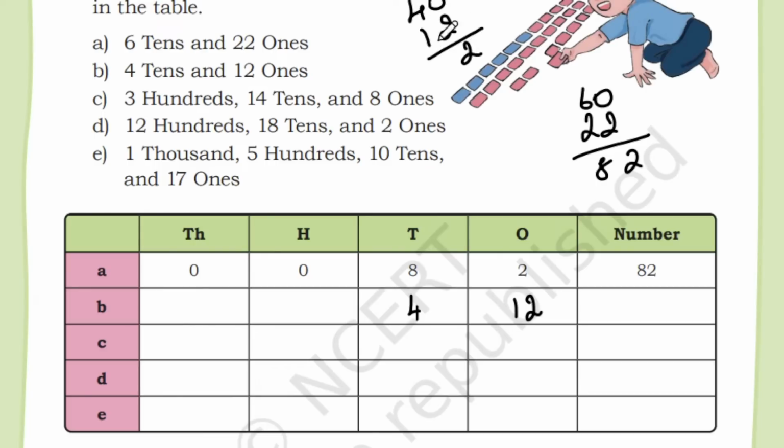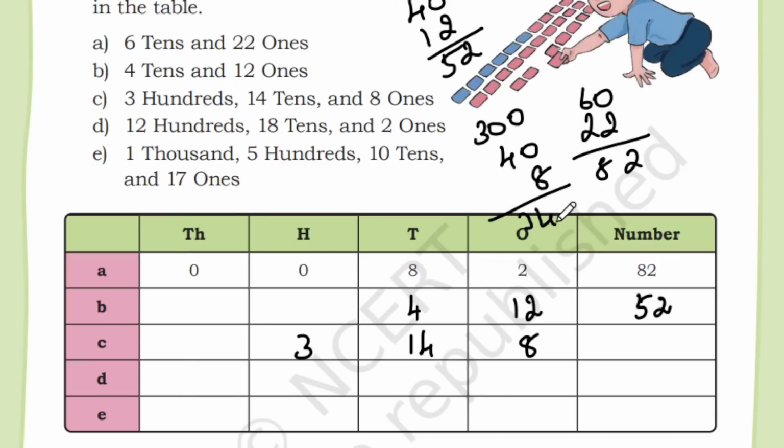So 40 plus 12 is 52. Next you have 3 hundreds, 14 tens and 8 ones. 3 times 100 is 300, 14 tens is 140, and you have 8. So 448.